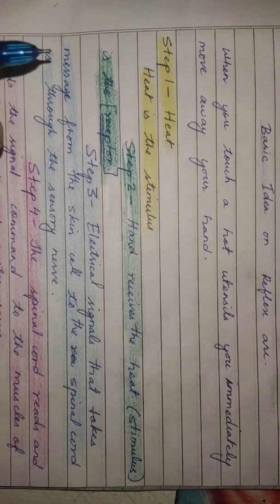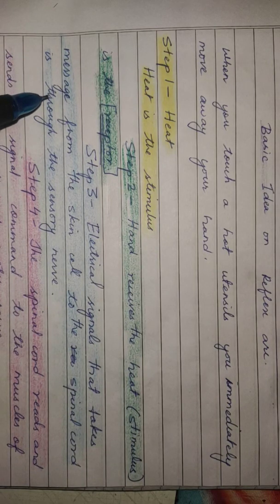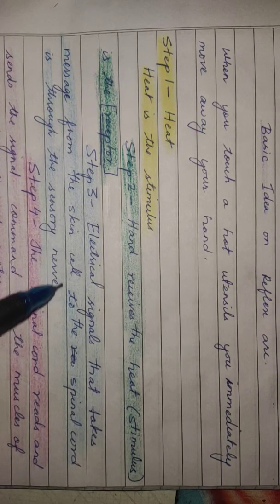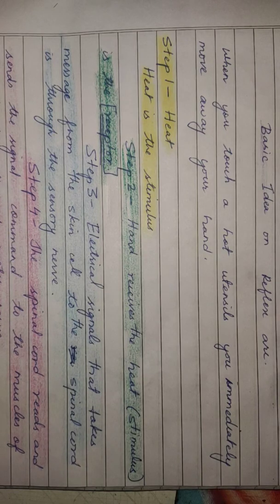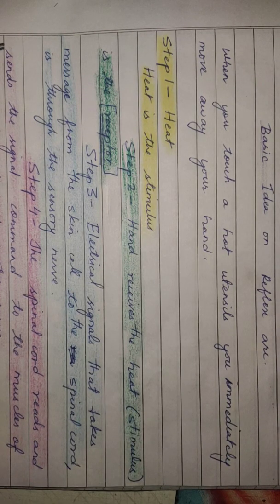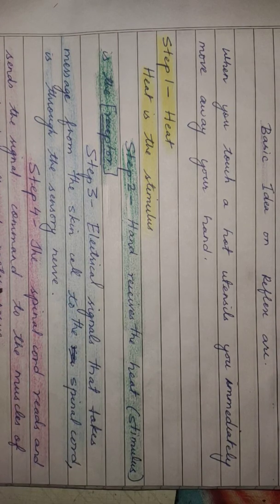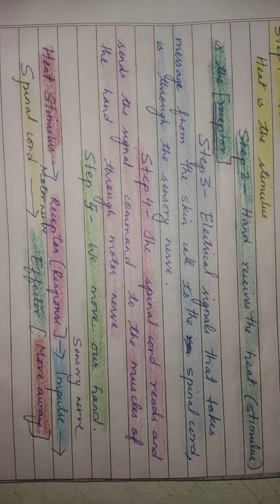Once the hand receives it, electrical signals take messages from the skin cell to the spinal cord, passed through the nerve cells or sensory nerve. The spinal cord reads and sends the signal command to the muscles of the hand through the motor nerve.